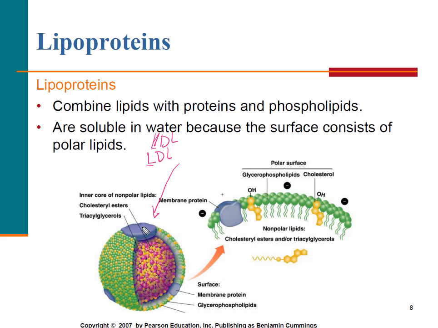LDLs have one particular type of protein, HDLs have a different type of protein, and that has a big difference in how these lipoproteins function. We can talk more about that later, but they have different proteins on their surface.